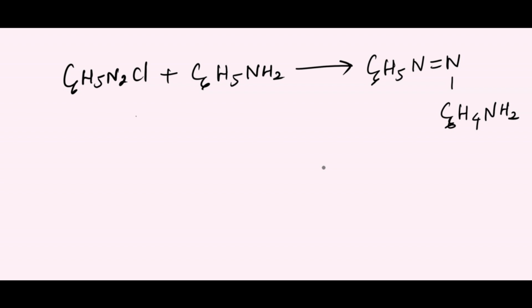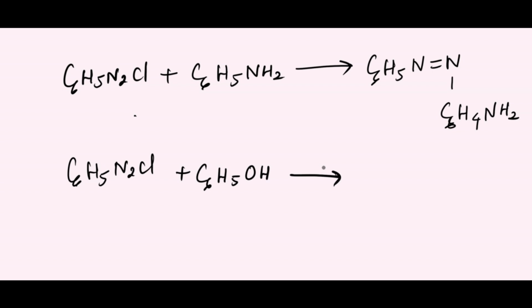Similarly, if I am adding phenol, C6H5OH, it is also giving us the para product, which will look like this, I am writing the para one, with NH2 in the para position, having N double bond N with C6H5.